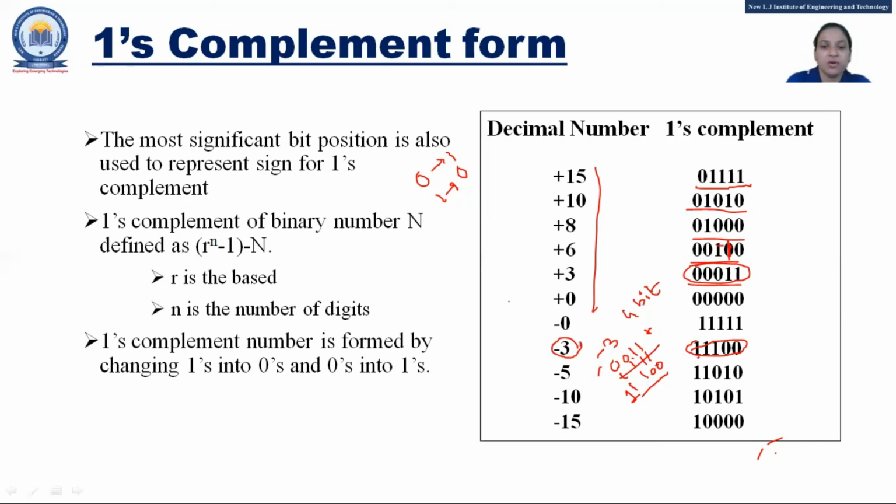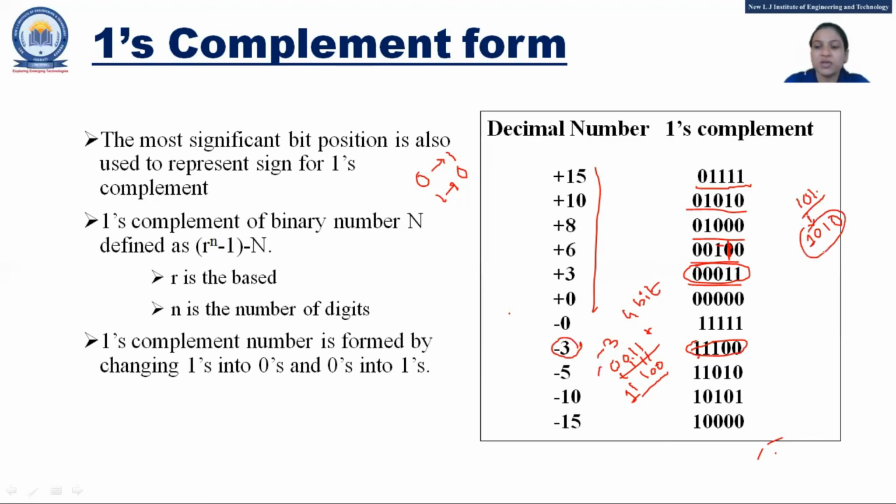Similarly, if I want to represent minus 5 in 4 bits, 101 is the binary representation of 5. Now I replace 1 with 0, 0 with 1, and 1 with 0, and I put a 1 sign for the negative.